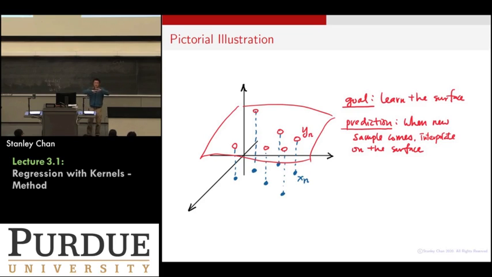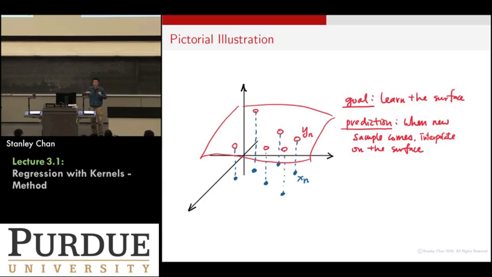Now, given all these data points in x, you try to draw a surface that covers all the y's. So if a new data point comes, what do you do? Well, you go to the x space, you locate the position of that x, and then you go up. Since you have already drawn that surface, you know what the predicted value will be. Of course, the key is to draw that surface.